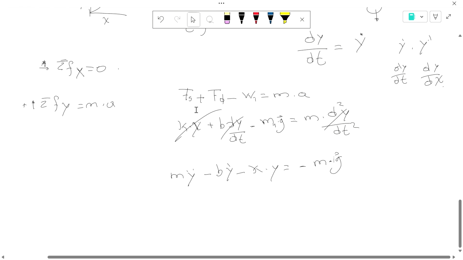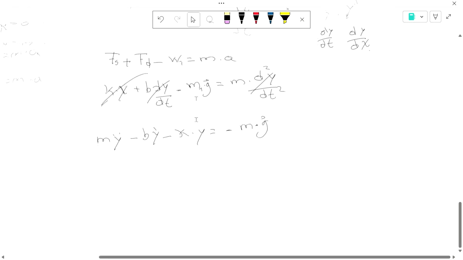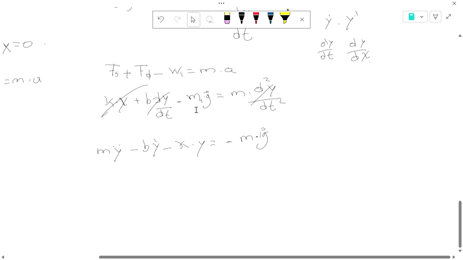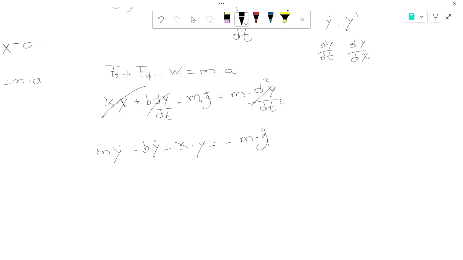So, yeah. The gravity is definitely affecting the force down, and this mass has to do with how fast we're going up. Okay, so basically, if you don't see this very clearly, this is m times d squared y over dt squared minus b dy/dt minus ky equals minus m times g.